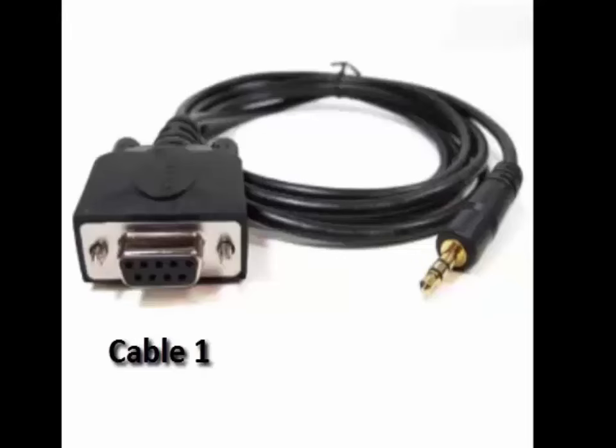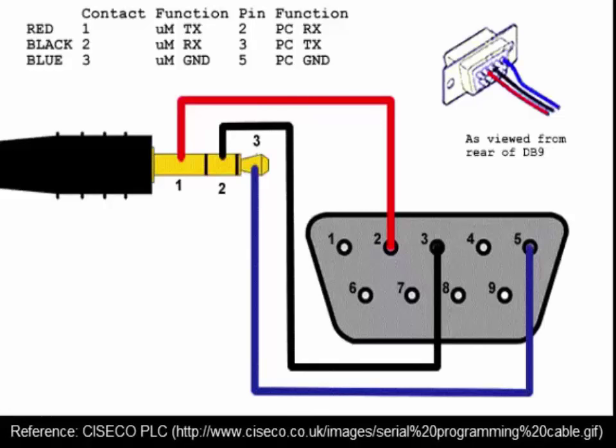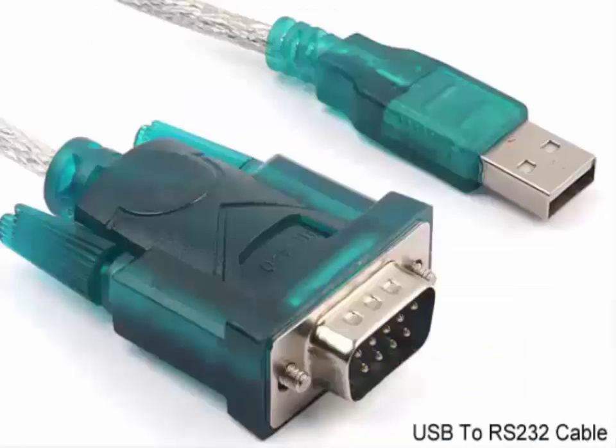You can make cable 1 by yourself. You will need a 3.5 mm stereo 1/8 inch plug, a DB9 DE9 female connector, some wires and a soldering iron. The connections to be made are as shown in the image. The Windows system I use for a serial terminal does not have a dedicated RS-232, but it allows serial terminal over USB.